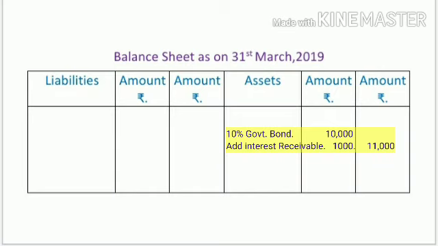If you add in government bond on the asset side of balance sheet, write down 10% government bond rupees 10,000 plus interest receivable 1,000 is equal to 11,000 outer column of balance sheet.